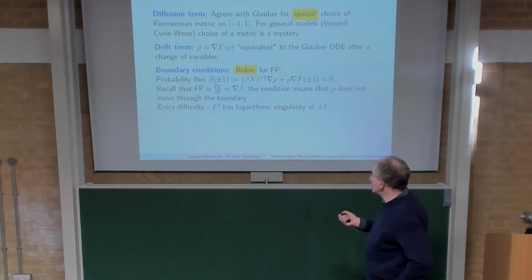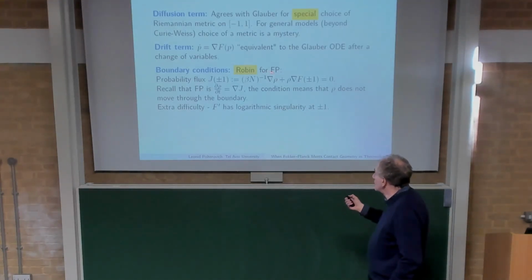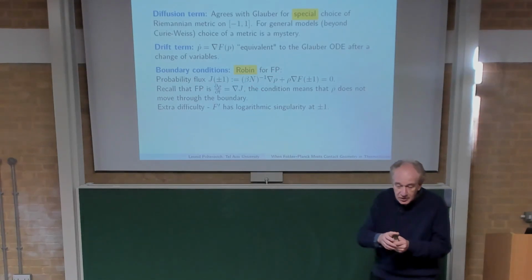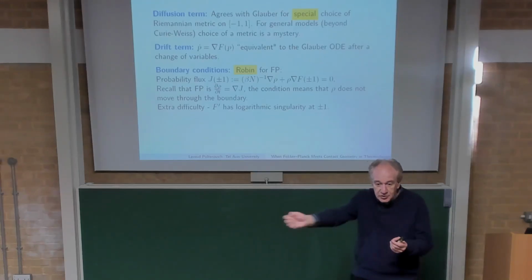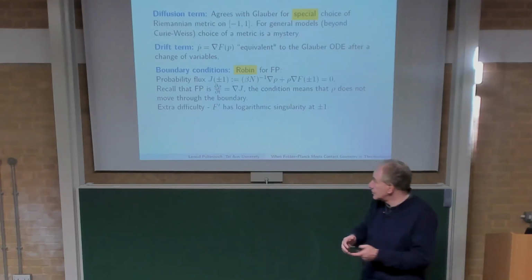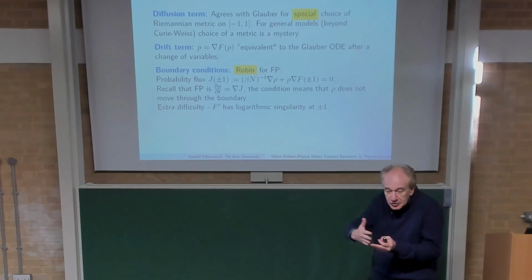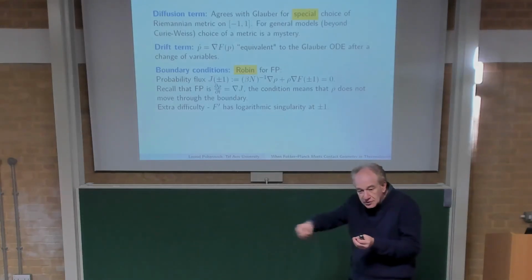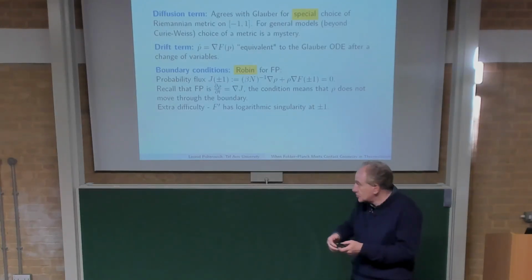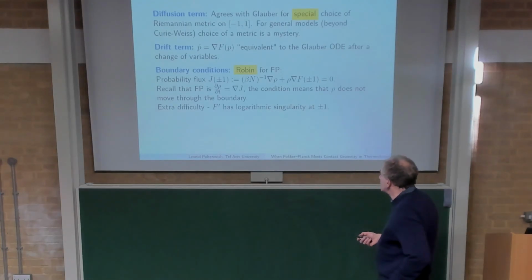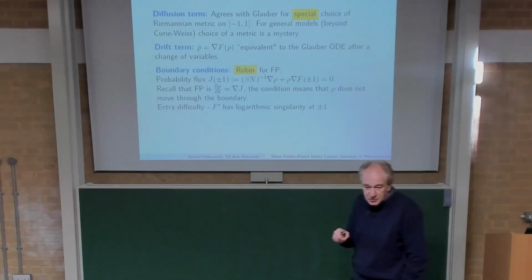So first of all, you need boundary conditions. It's a Robin boundary condition, which corresponds to the fact that the probability flux through the boundary is 0. Your point cannot move outside the segment. Probability cannot move. Your magnetization cannot move outside the segment minus 1, 1. Okay, and moreover, the derivative of f has a logarithmic singularity at plus minus 1.